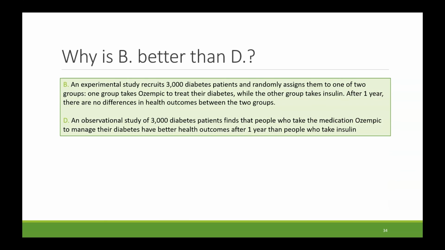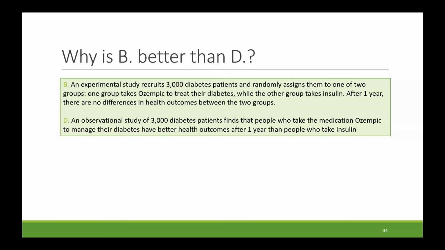And at the end, they find no difference between the health of the two groups. D describes an observational study of 3,000 diabetes patients, so a large sample size that's the same as in letter B, and finds that people who take Ozempic have better outcomes than those who take insulin at the end of the study. So the conclusions of these are saying different things.